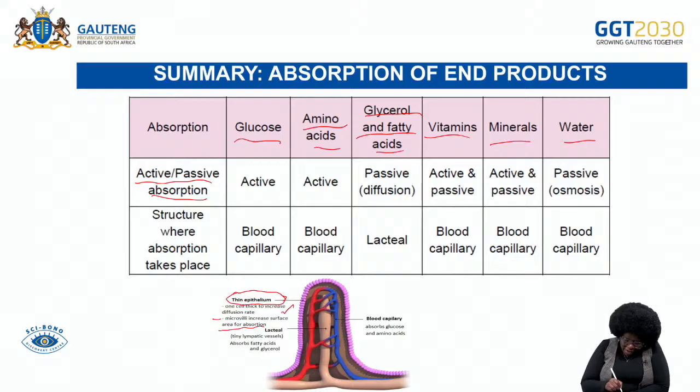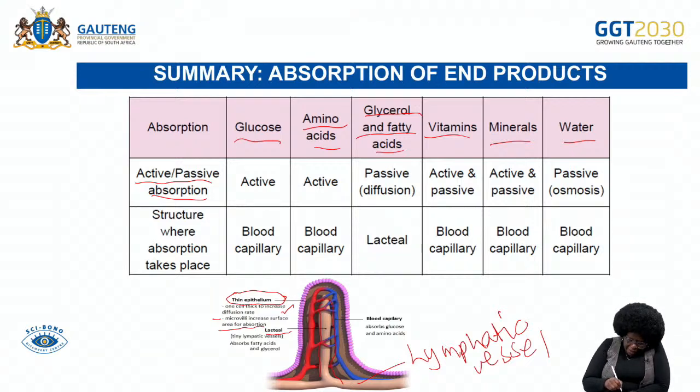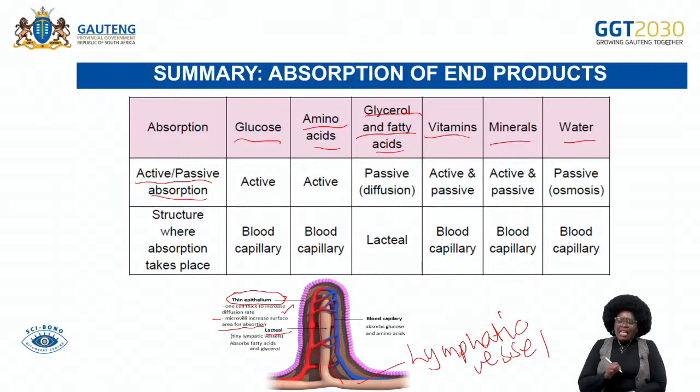But now, lacteal, right? Here's the lacteal system, which comes from the lymphatic system, right? Lymphatic vessel. So the lacteals are tiny lymphatic vessels, and what they do, we just spoke about it now, checking the table here, which is relating to what we answered now.